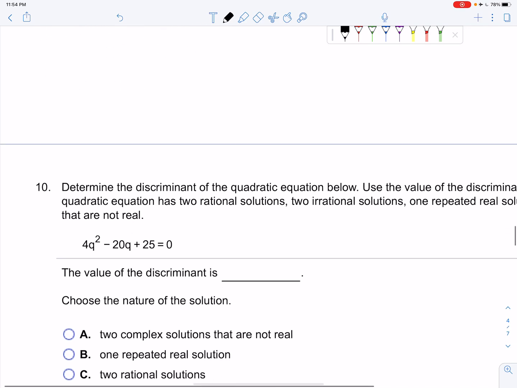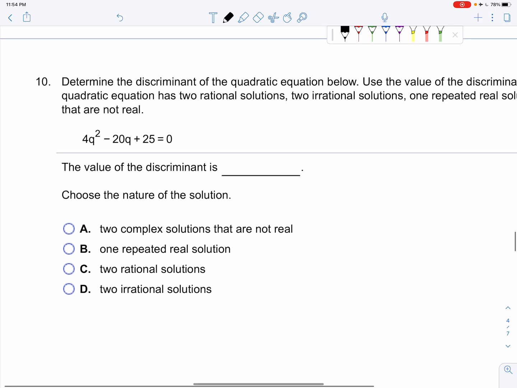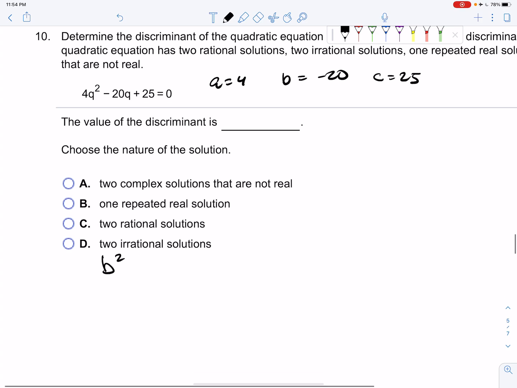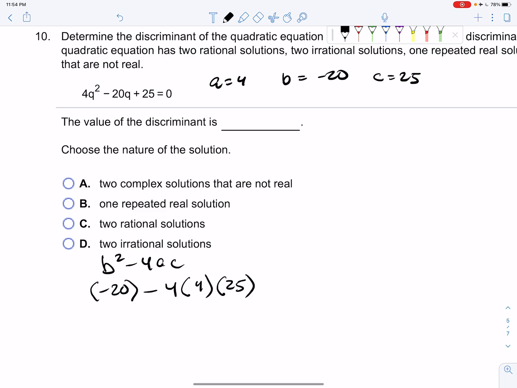Okay, let's finish her off here. Determine, same thing. It's in standard form. So A equals 4, B equals negative 20, and C equals 25. So now we go ahead and once again, b squared minus 4ac is called our discriminant. We put in a negative 20 for b, minus 4 times a, which is 4, times c, which is 25.